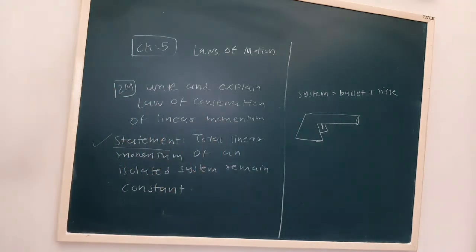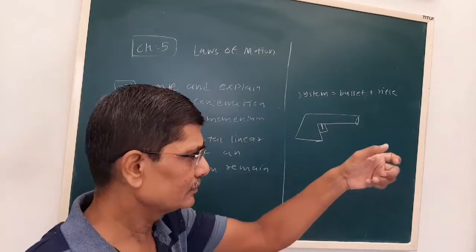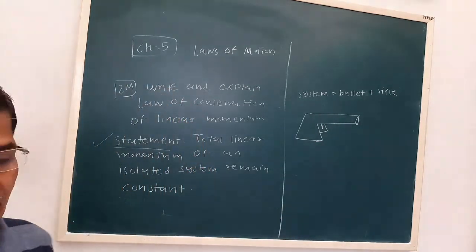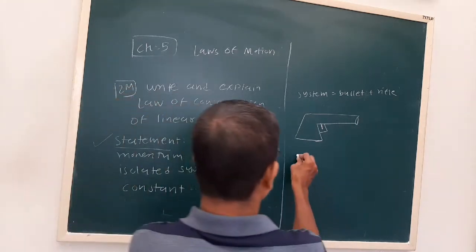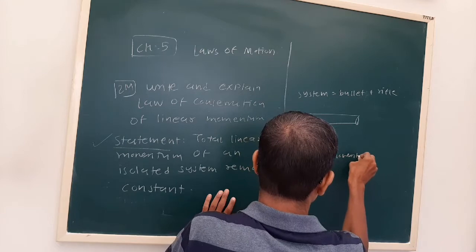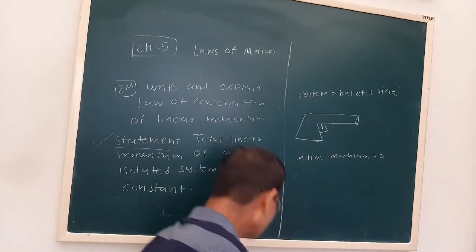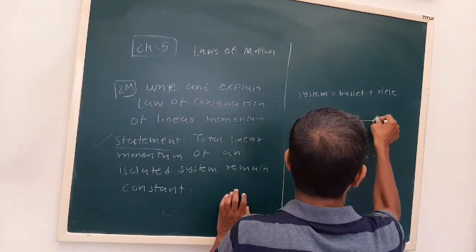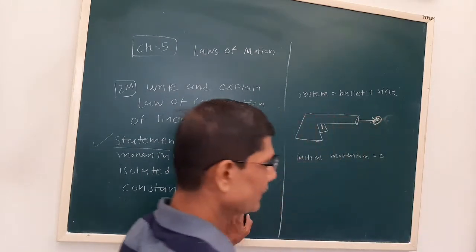Okay, now the system is made of a bullet and a rifle. When the bullet is not fired from the rifle, the system is at rest, so that is why the initial momentum is zero. Now, when the bullet is fired, what is the force acting?